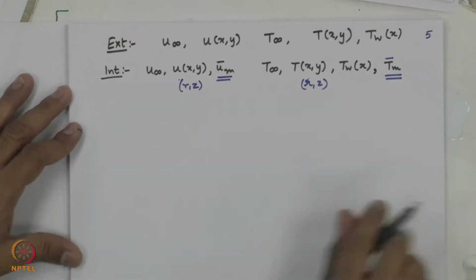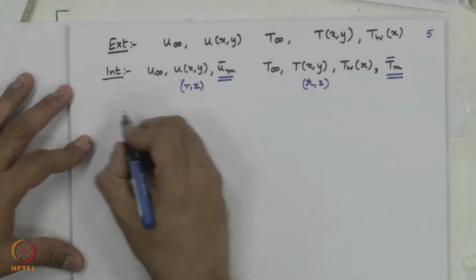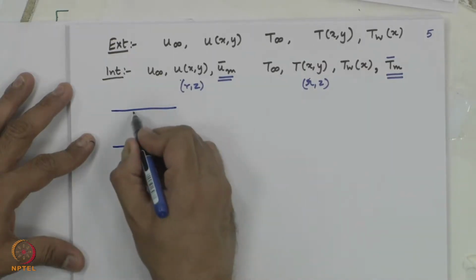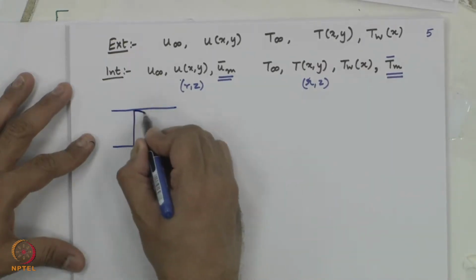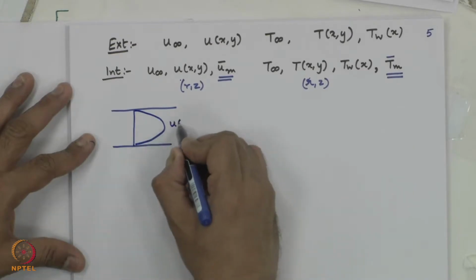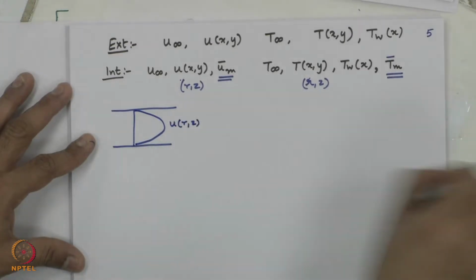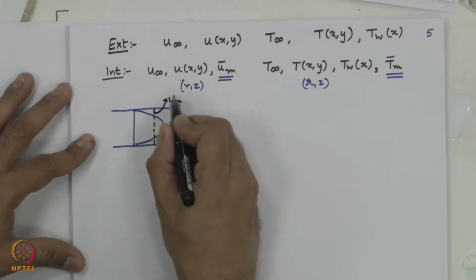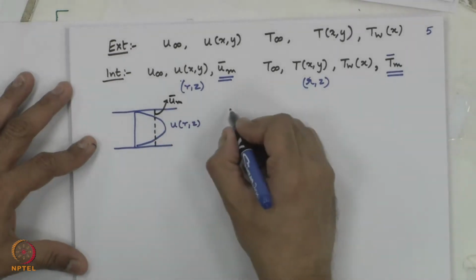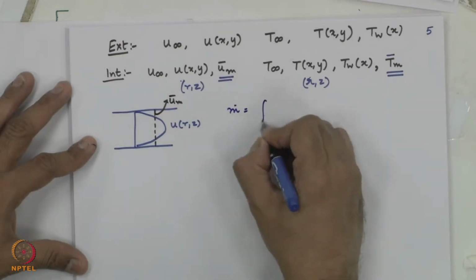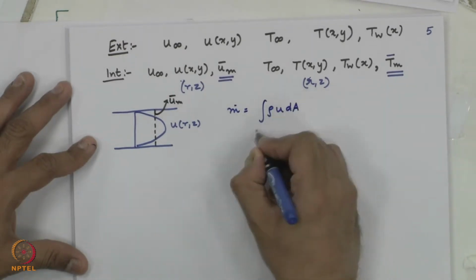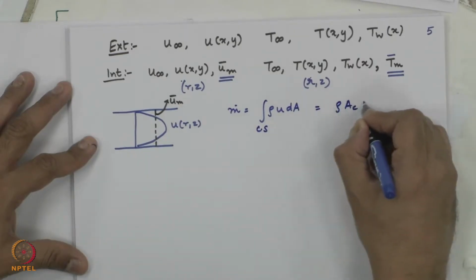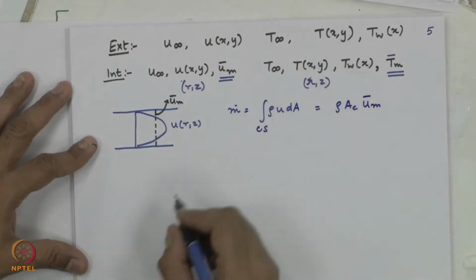What are these quantities? In your fluid mechanics, you would have started off the definition of bulk mean velocity by equating the mass flow rates. So, if this is the velocity profile u of r comma z, and this is the average or the bulk mean velocity given by u m bar, you would say m dot, which is evaluated either as integral of rho u dA over the cross sectional area, is nothing but rho times actual cross sectional area times bulk mean velocity.